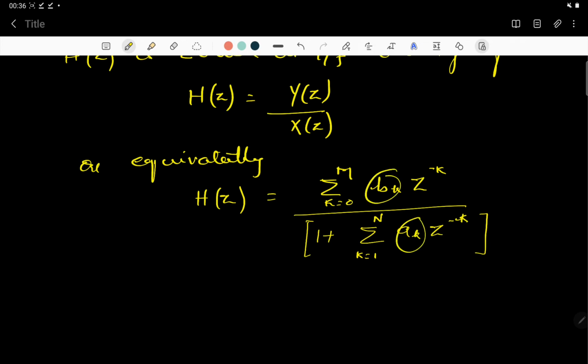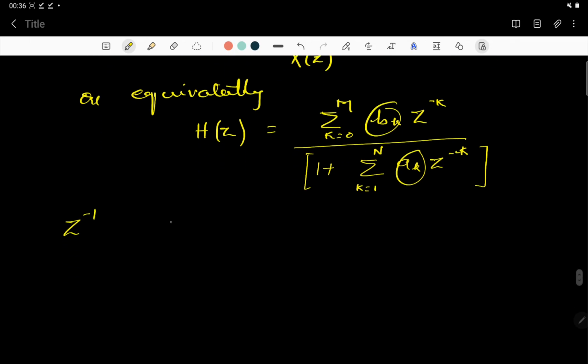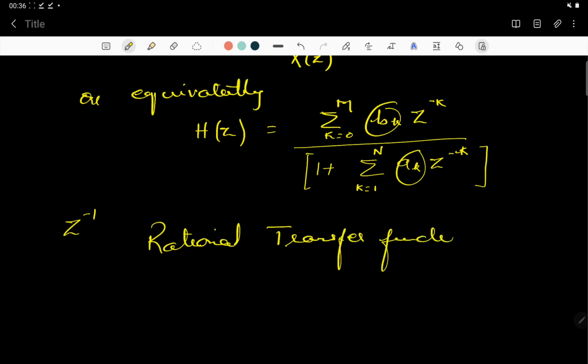The above transfer function is the ratio of polynomials in z inverse, and hence it is a rational transfer function or system function.